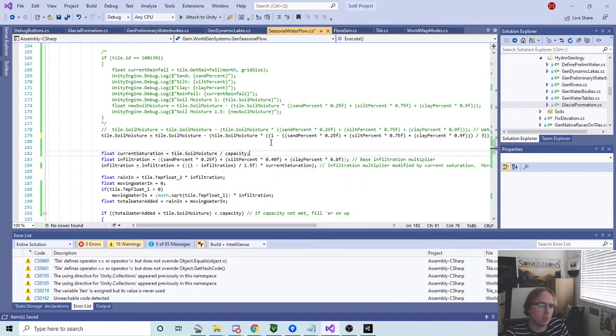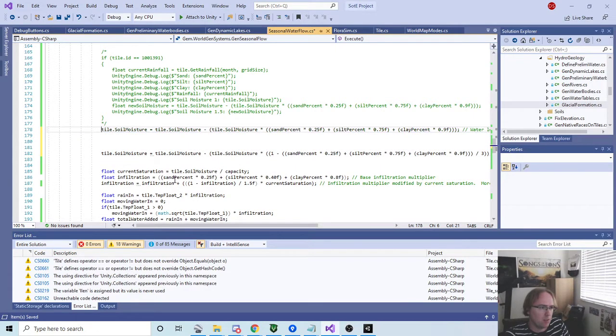I think I see where there's another problem. Okay, let's pretend this isn't here for now. Let's just look at this value here. So let's say our sand percent is 50%. Hell, let's say it's 75% sand. Okay, so 0.75 times 0.25.